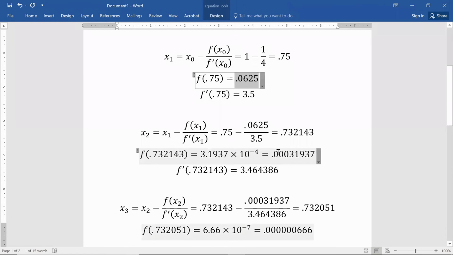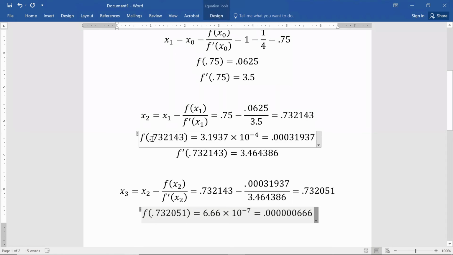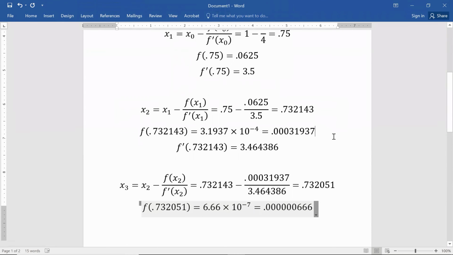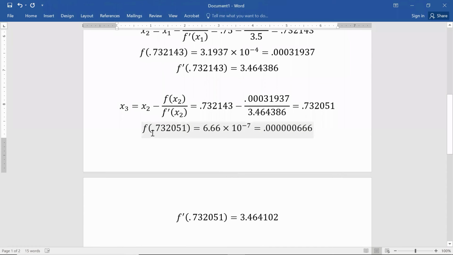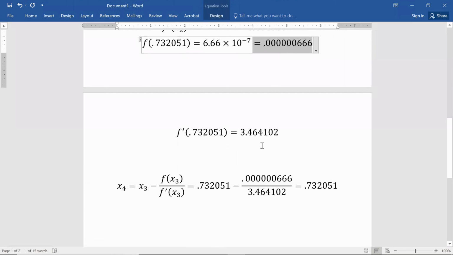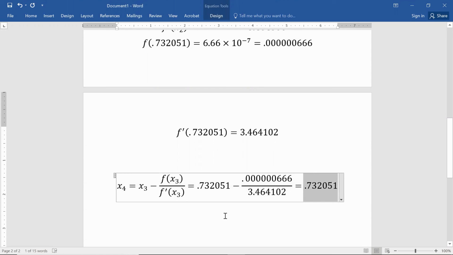In our second iteration, we got 0.732143. That got even closer to the x-axis. By our third iteration, 0.732051, that got really, really close to the x-axis. So close that when we did the fourth iteration, we got out the same exact value, the same exact number.